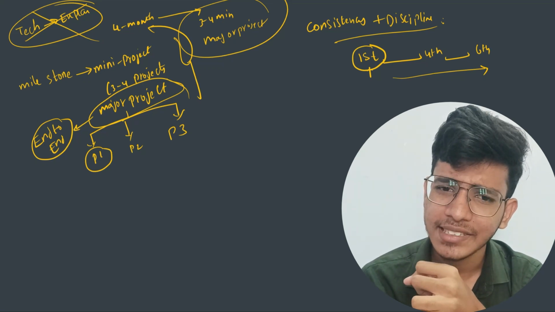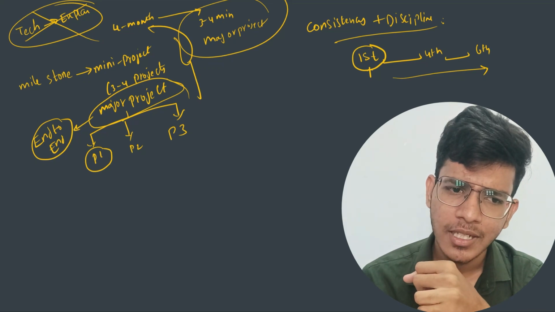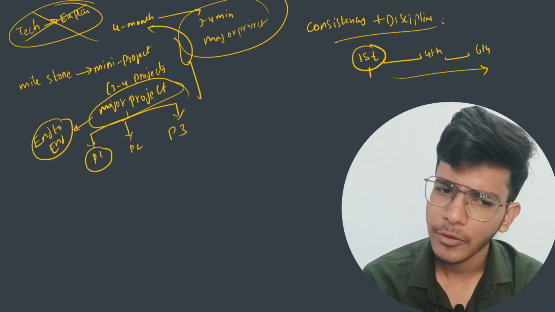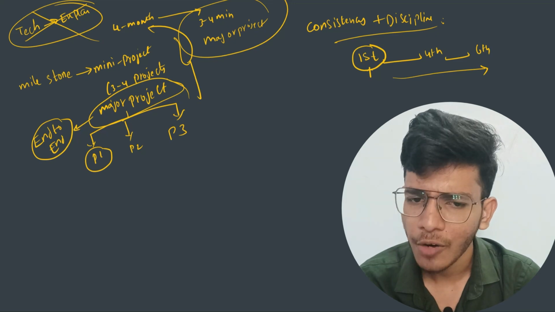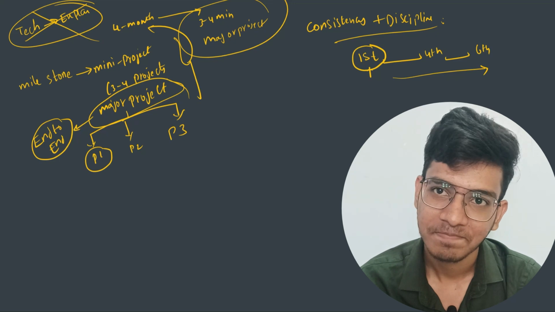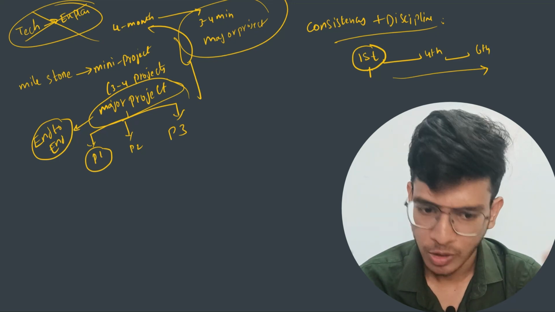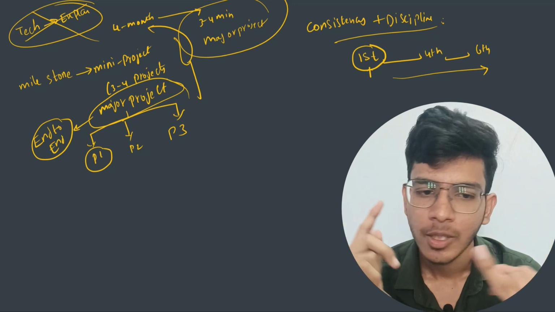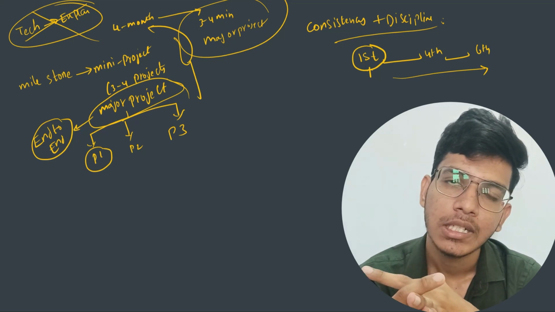If you maintain consistency, if you maintain discipline, then you will observe that the person you are before and the person you are after, these two persons are very different from one another. Okay, so try to maintain consistency.